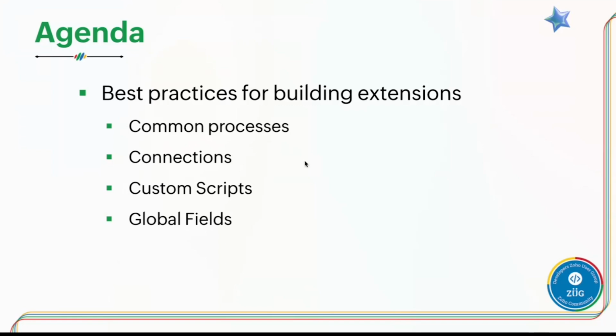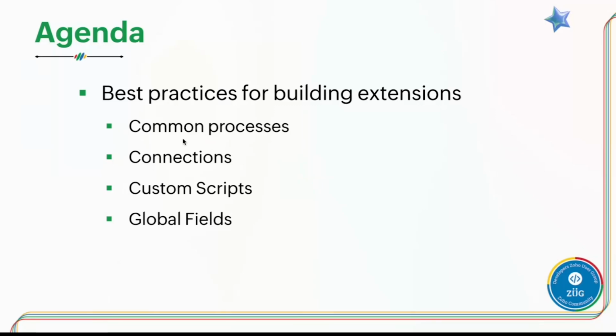Over the past 4 sessions, we have almost covered all the components available in the Zoho Books developer platform for building extensions for Zoho Books. So in today's session, we'll introduce the best practices that a developer should follow while building an extension for Zoho Books.